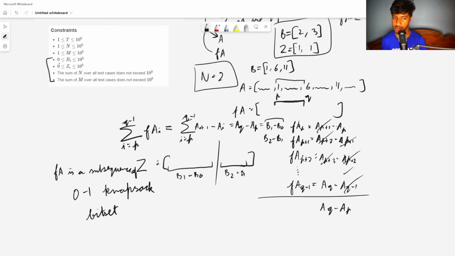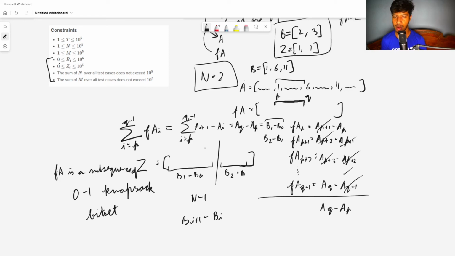So overall the solution is to partition the sequence Z into n minus 1 sequences. In each partition you'll find a subsequence that sums up to B of I plus 1 minus B of I.